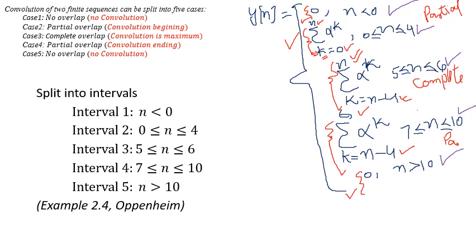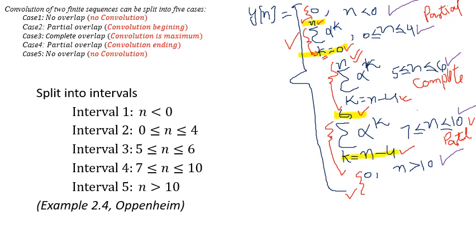So if we compare the first partial overlap with the last partial overlap, it can be easily observed that in the first partial overlap, the lower limit is fixed and the upper limit is variable, whereas in the second partial overlap, the upper limit is fixed and the lower limit is variable.